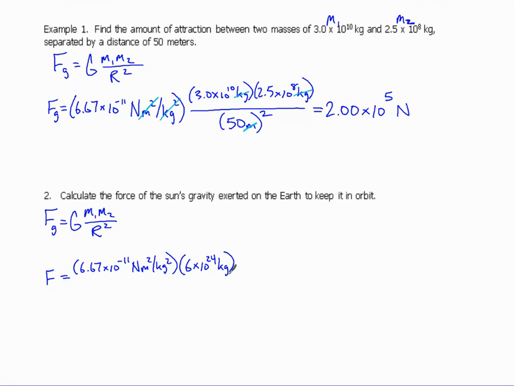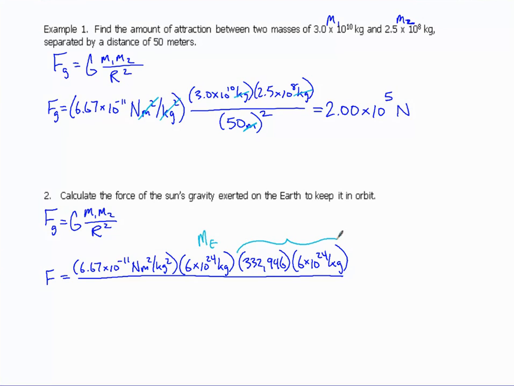That is 332,946 masses of the Earth, Earth masses. So the way that we'll put that into this formula here, like this. And just for the sake of our notes, let's label what's going on here. This is mass of the Earth, and these two terms together are the mass of the sun.